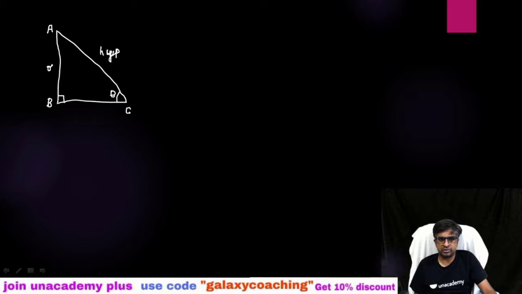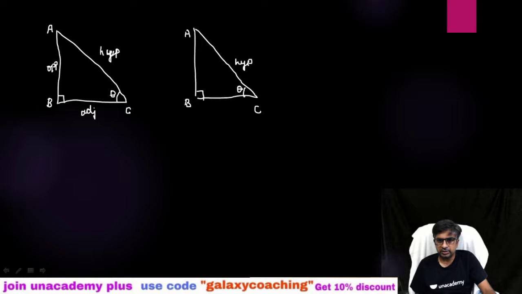So this will be your opposite and this will be your adjacent. Now we are going to derive three identities. So directly I am going to make three right angle triangles ABC, 90 degree, hypotenuse, theta, adjacent, opposite.